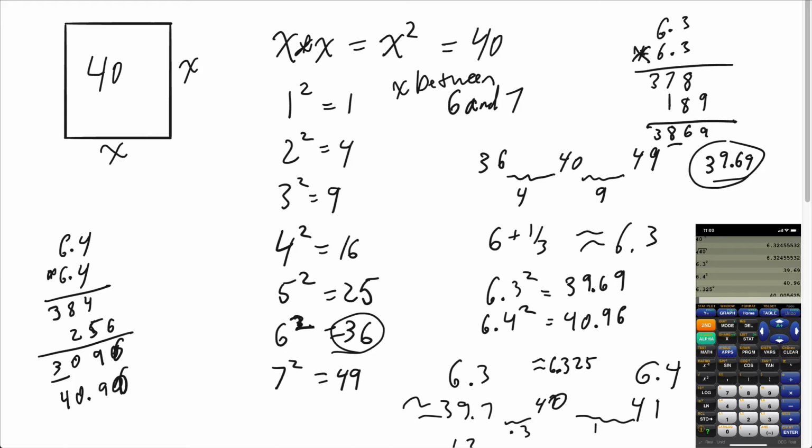Okay. Again, you could do this by multiplying this all out, but now it's going to get harder, and we get 40.005625. So 6.325 squared is approximately 40.006. So that's pretty good.